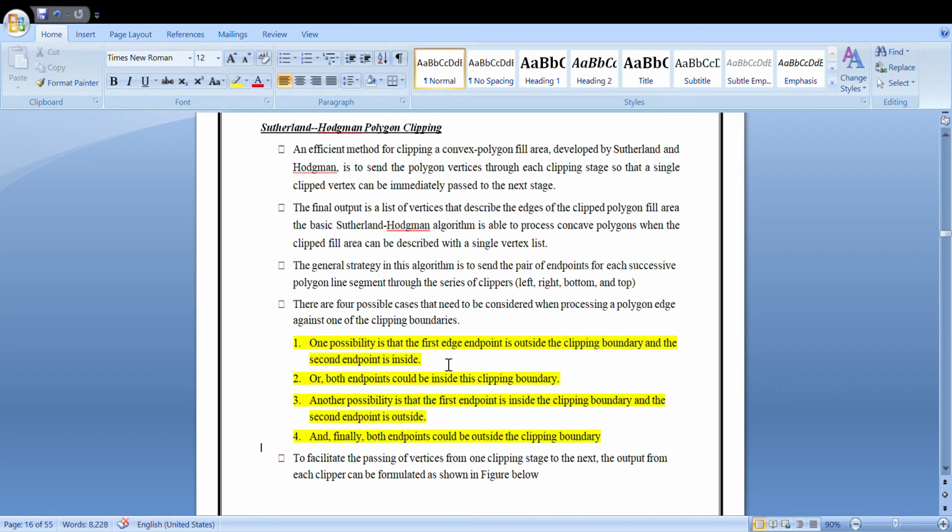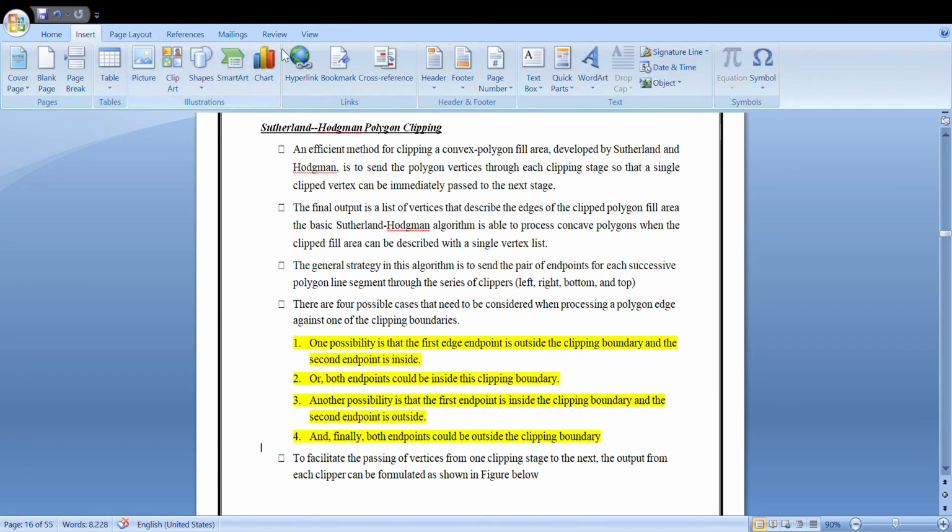What does this say? It says one possibility is that the first edge endpoint is outside the clipping boundary and the second endpoint is inside. Let's take an example like this. I'll just draw and try to show you.